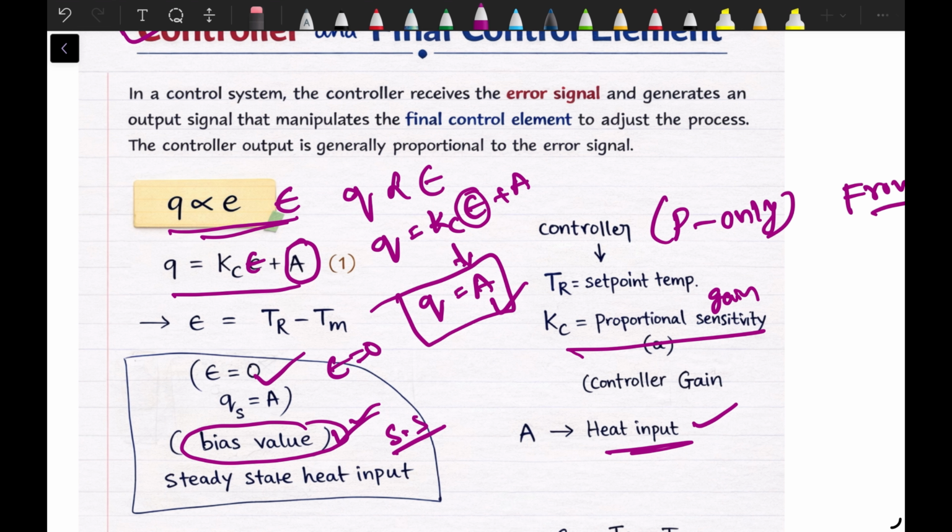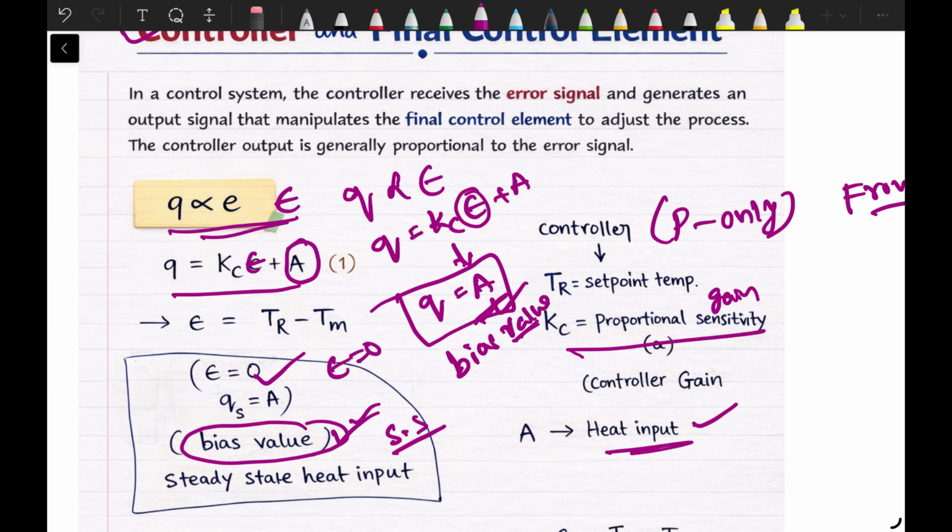It's very important. Therefore, the constant A represents the steady state heat input, which is also called the bias value.